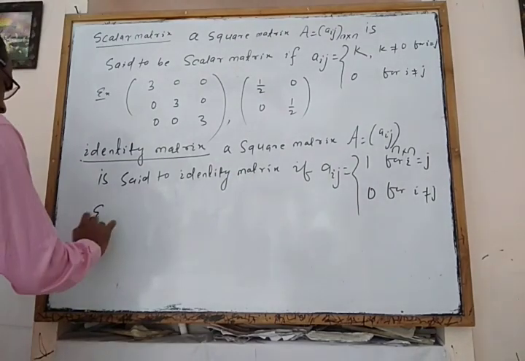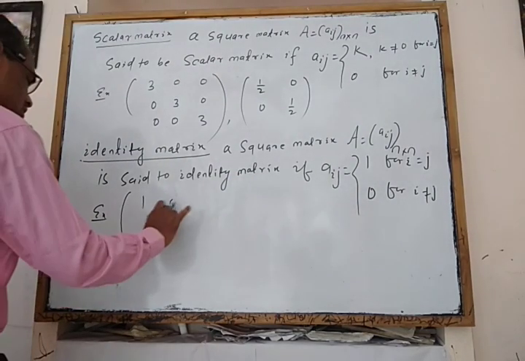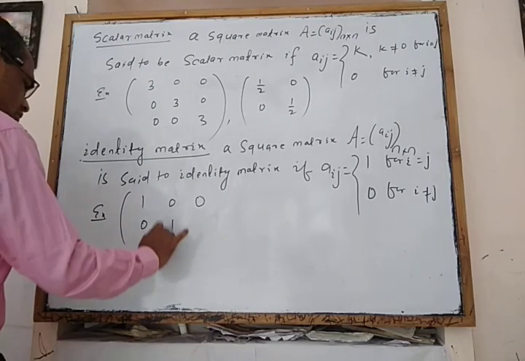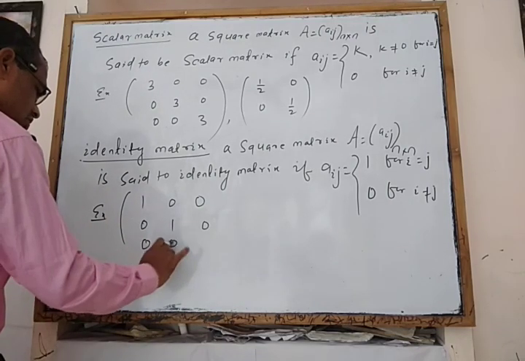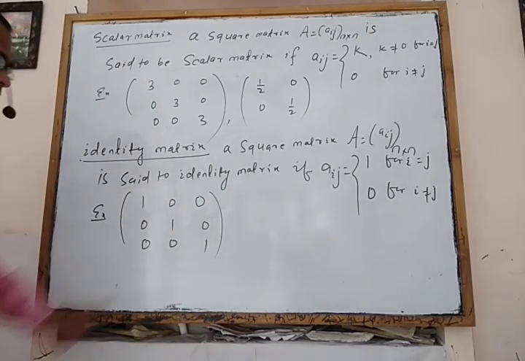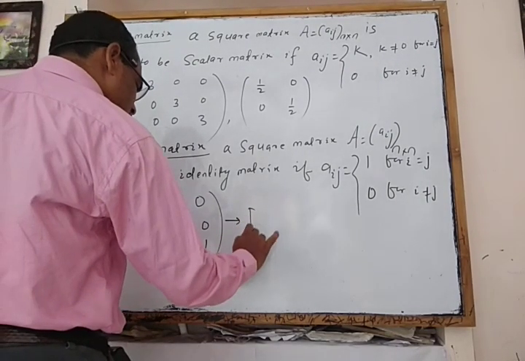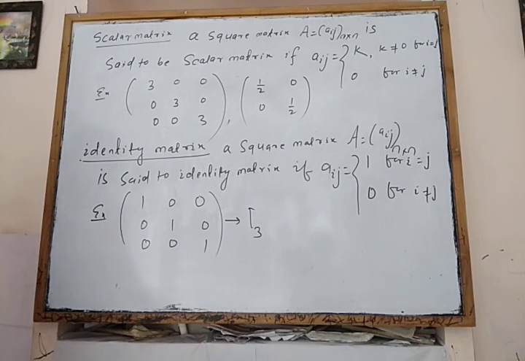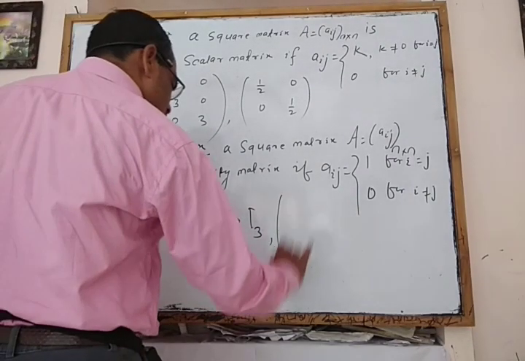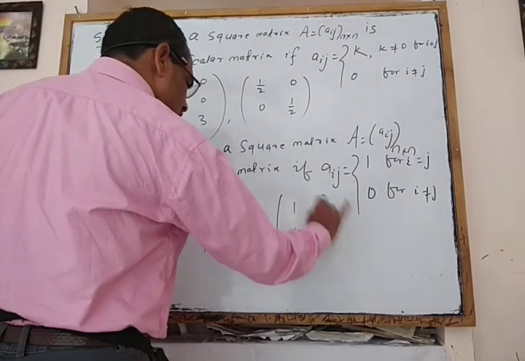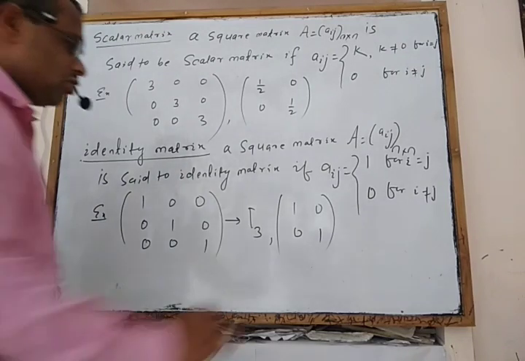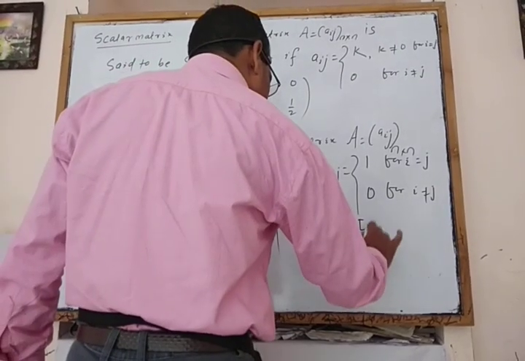For example, [1 0 0; 0 1 0; 0 0 1]. So this is the identity matrix and it is of order 3, so it can be denoted as I3. And another example, [1 0; 0 1]. This is also an identity matrix of order 2 and this is denoted by I2.